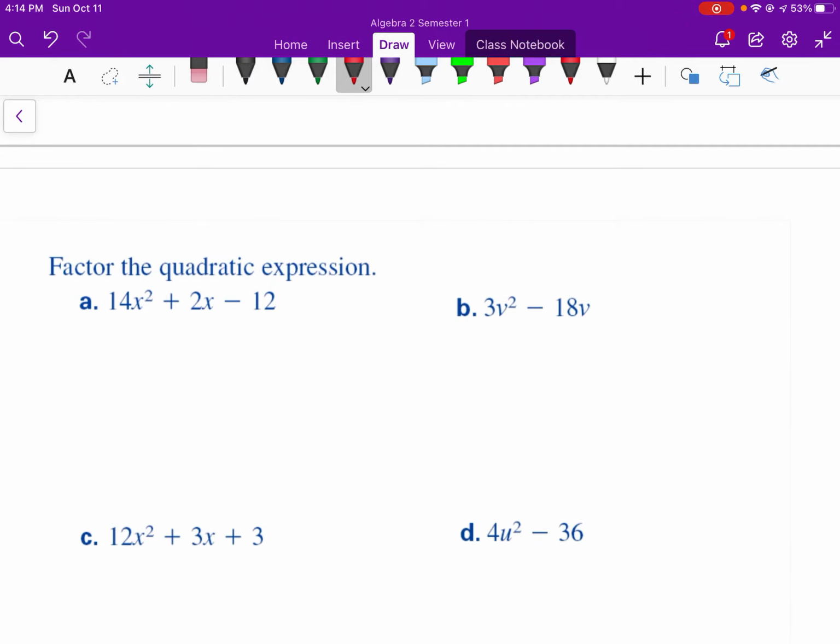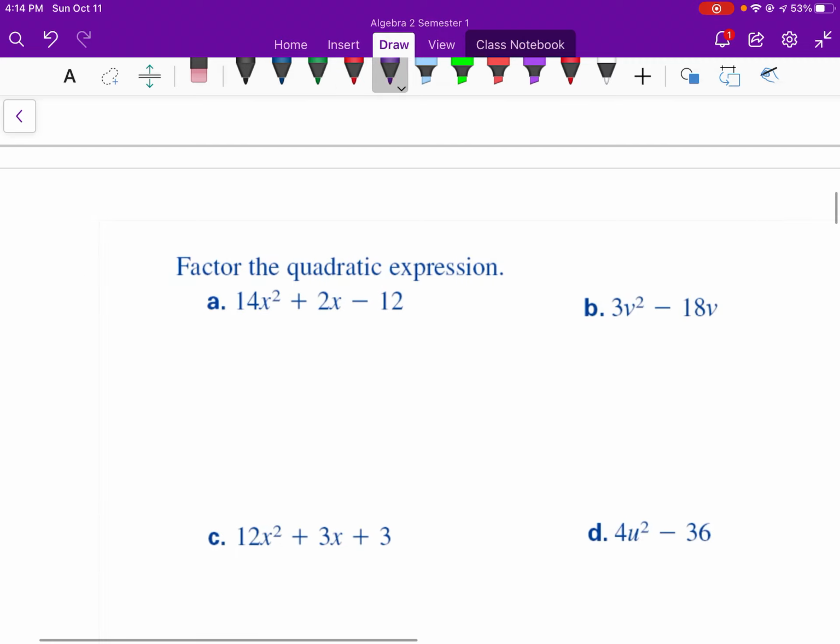So the first example: factor the quadratic expression 14x squared plus 2x minus 12. Again, the first thing we always need to think about is to take out the greatest common factor. What number goes into all those coefficients, and is there a common variable between all three terms?